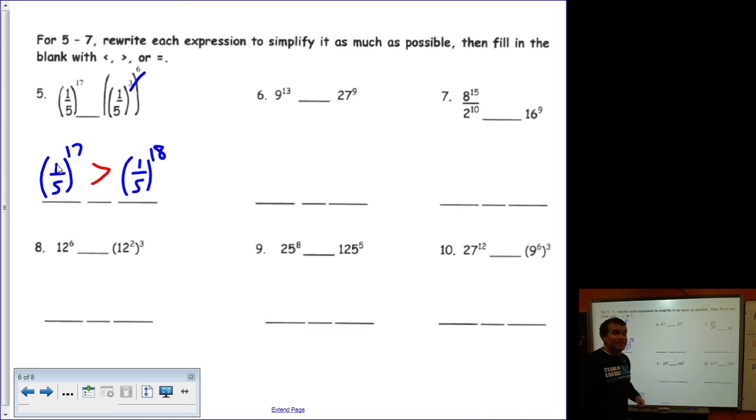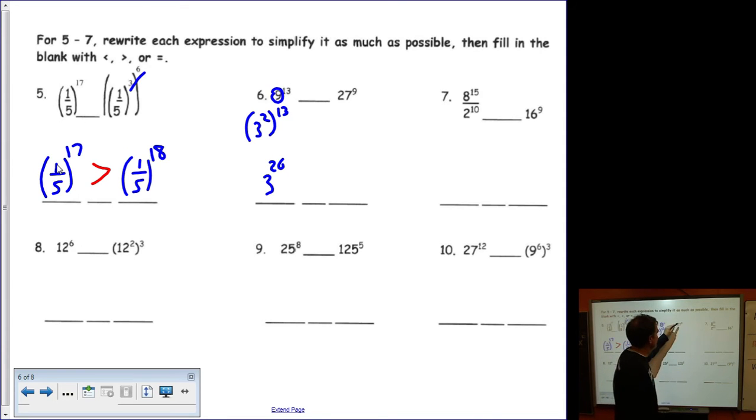In number 6, I see I do have some perfect squares and cubes, so I can lower the base. 9 is a perfect square. I can rewrite it as 3 squared, and it is to the 13th power. Then I do the power to a power property, and I get 3 to the 26th. 27 is a perfect cube.